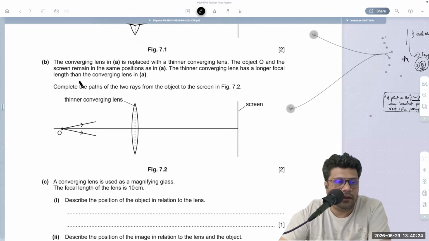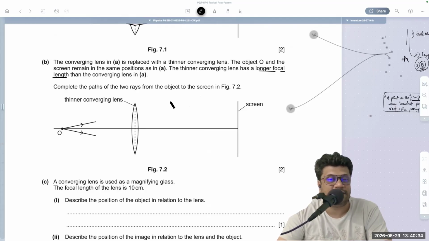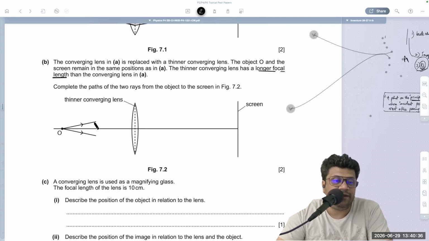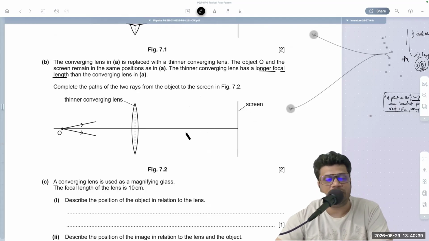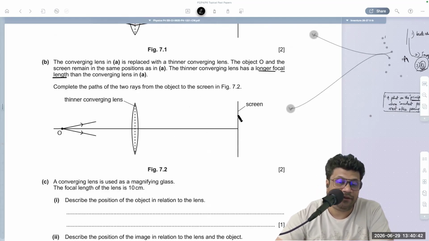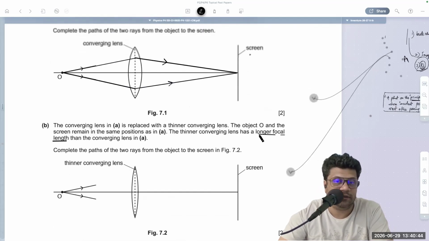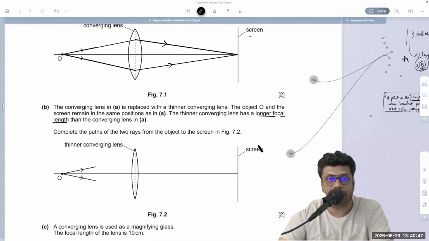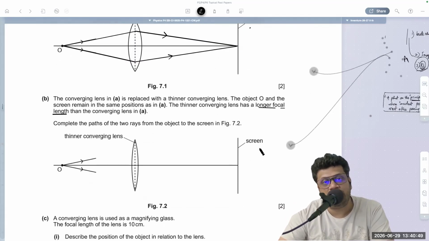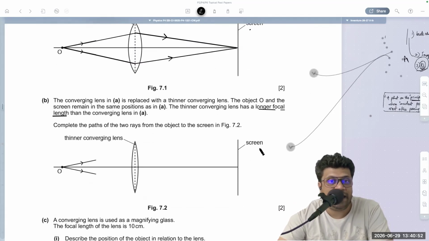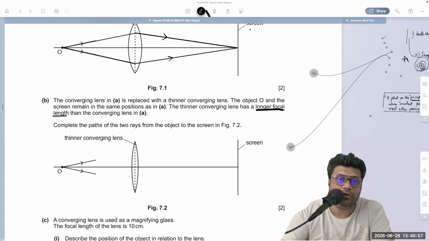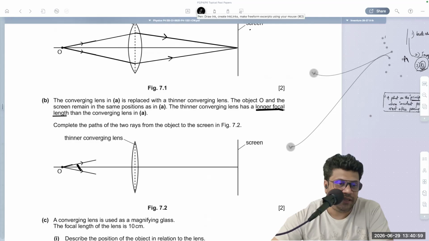Now part B: the lens is replaced with a thinner converging lens which has a longer focal length. If the focal length of a lens is longer, these rays of light will meet further away on the principal axis. If you have kept the screen where it was initially, this time the image is going to be blurred and it is going to be created at a point beyond the screen.